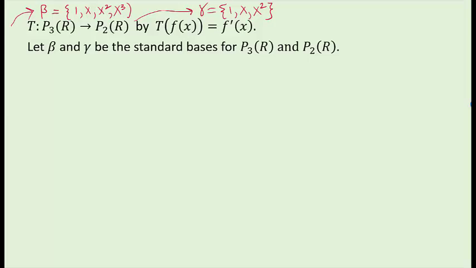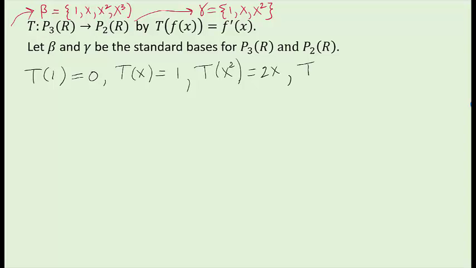I need to know what the linear transformation does to those basis vectors. So I need T of 1, and the derivative of that is 0. I need T of x, and the derivative of x is 1. I need T of x squared, which gives me 2x, and T of x cubed gives me 3x squared.